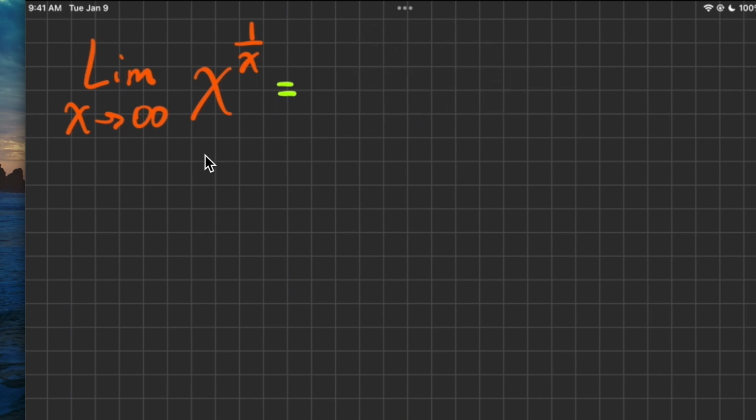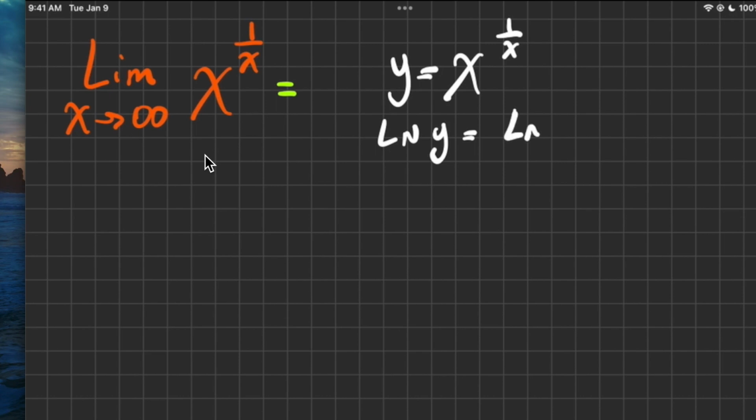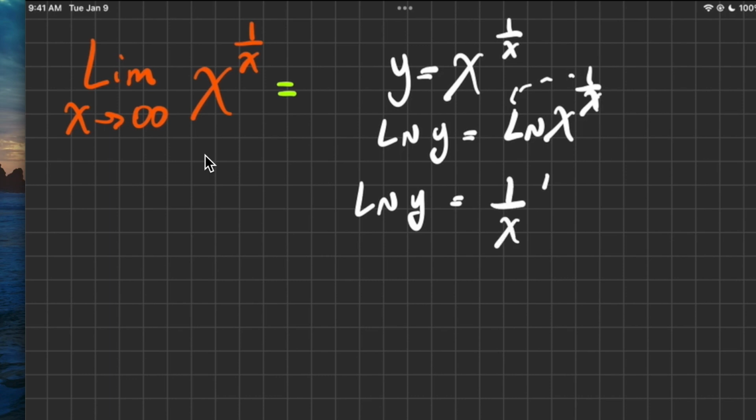So this is what we do, folks. We let y equal x to the 1 over x. Then we take the natural log of both sides. Then we use the power rule of logs and bring this out front. Natural log of y equals 1 over x ln of x.